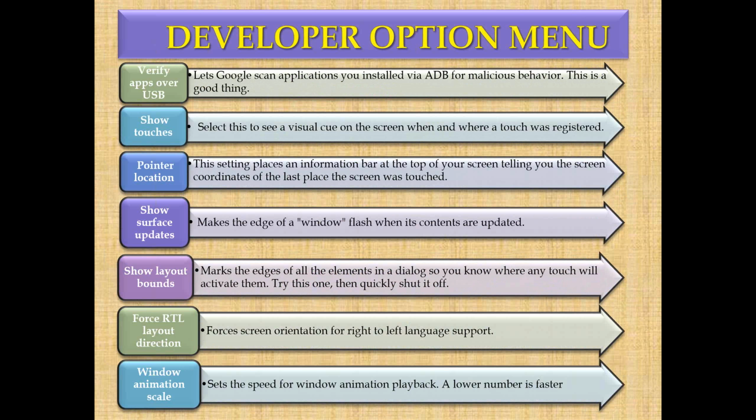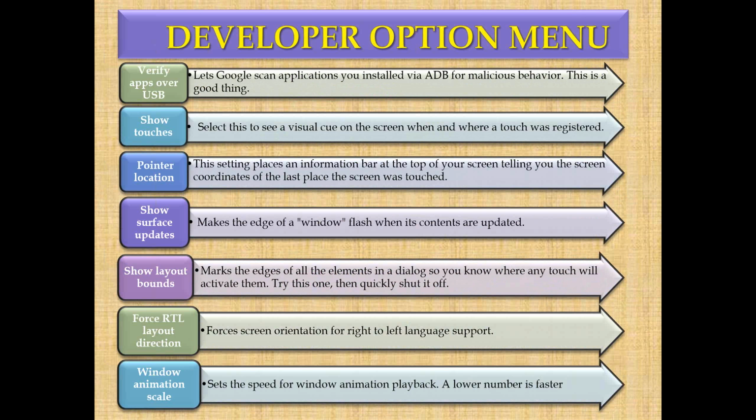So these people are reading from right to left. So if you, for example, tap on this option, the right to left layout direction is going to dominate on your phone.